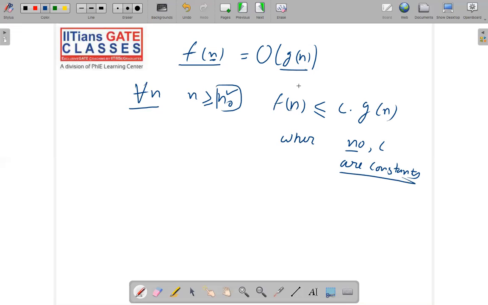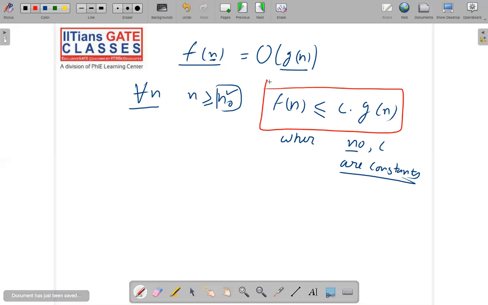If this is the relation, Fn is less than or equal to c Gn, then we can say that Fn equals order of Gn. I will also show you some examples, not only in terms of mathematical functions, but with some polynomial or logarithmic expressions also, so that it will be clear. So this is the definition of big O notation.